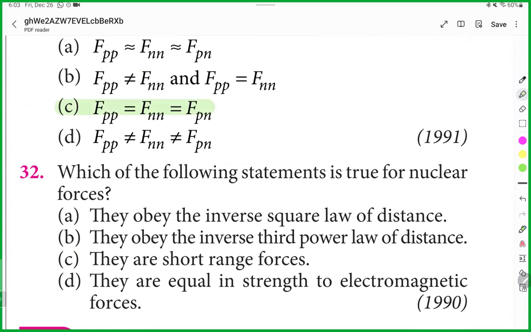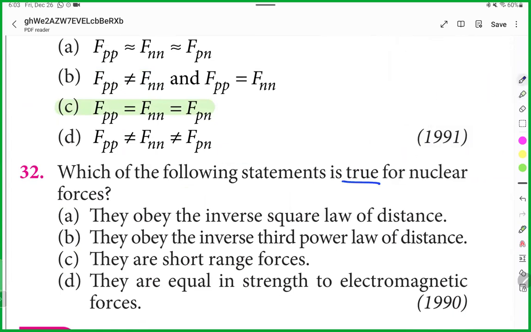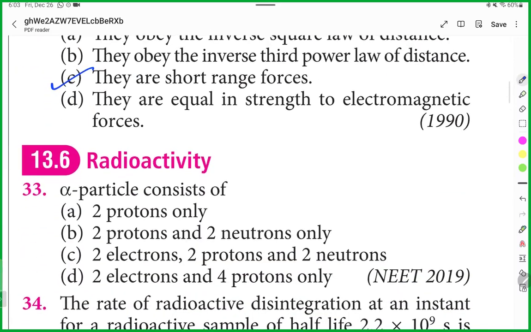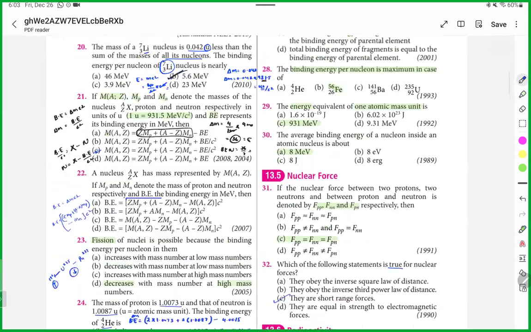No, sir. And next, Chandana, true about the nuclear forces. They are short range forces. Yes, they are short range forces. We discussed this point.